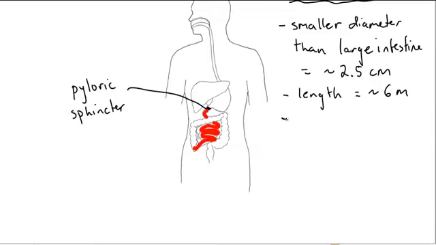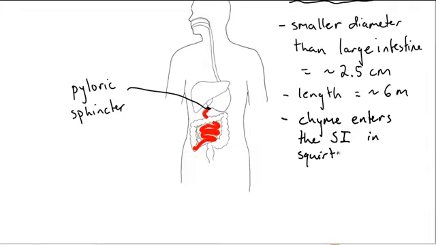And chyme, which we discussed above, enters the small intestine, which we'll abbreviate SI, in squirts, as the pyloric sphincter repeatedly opens and closes.